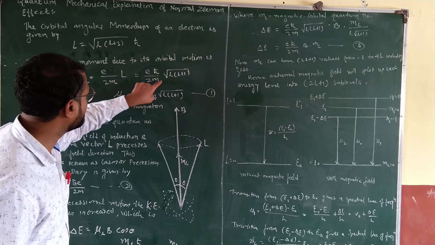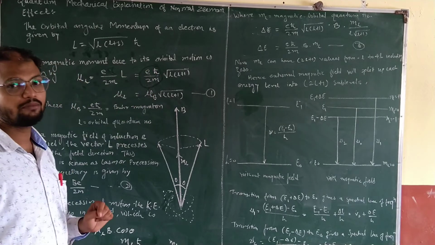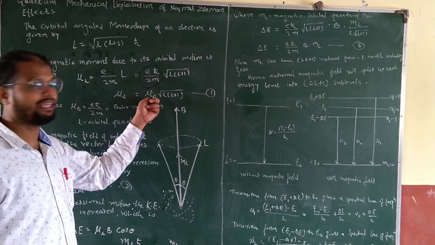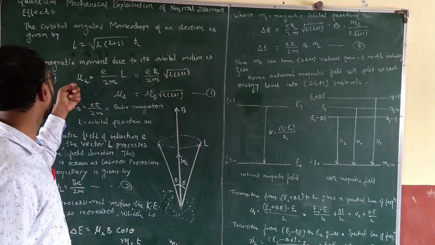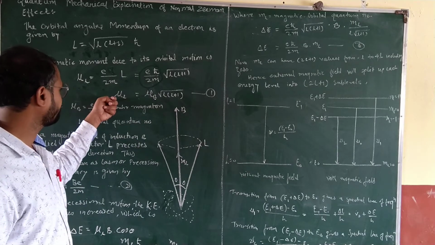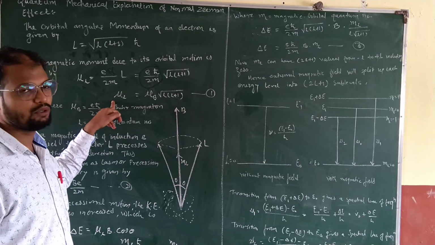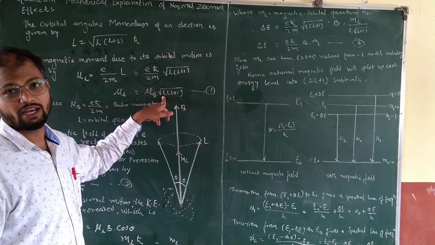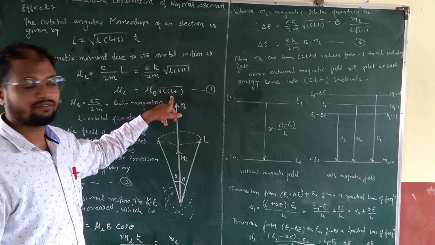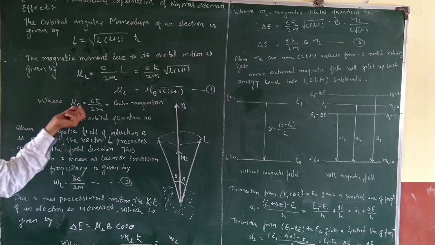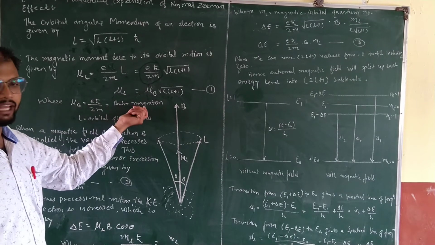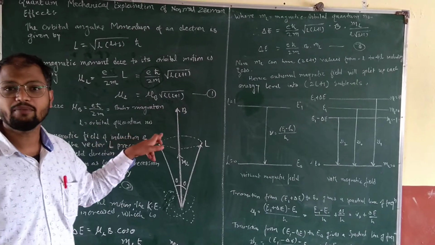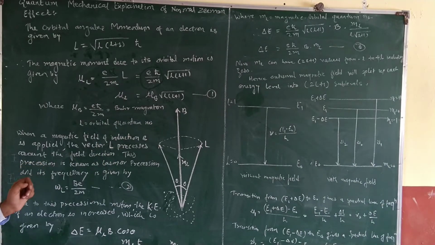This e h cross upon 2m is nothing but the Bohr magneton, mu_B. So the magnetic moment due to orbital motion, mu_l, equals mu_B times the square root of l(l+1), where l is the orbital quantum number.